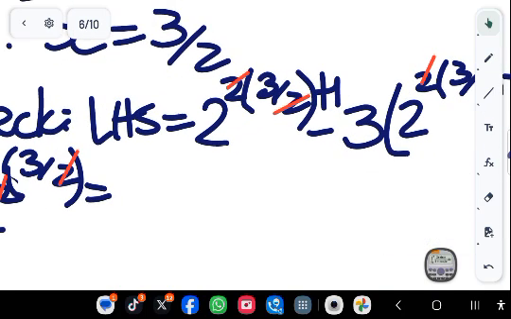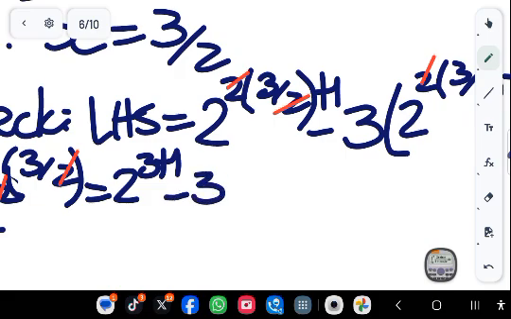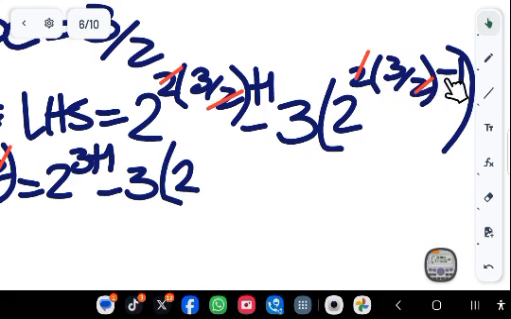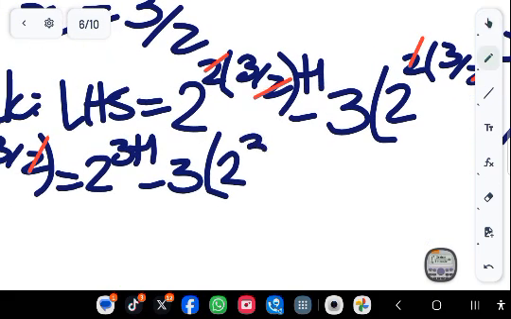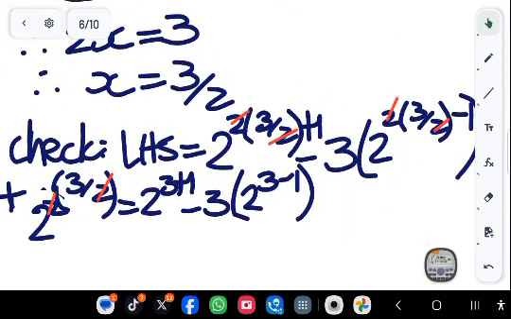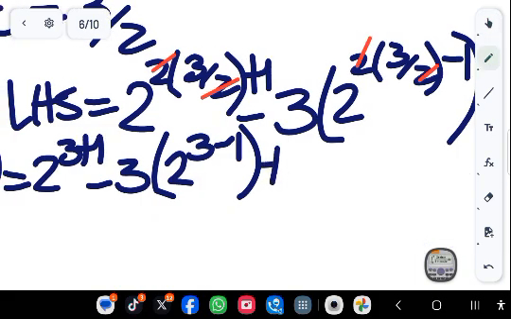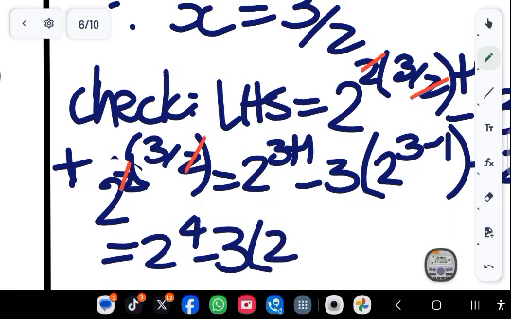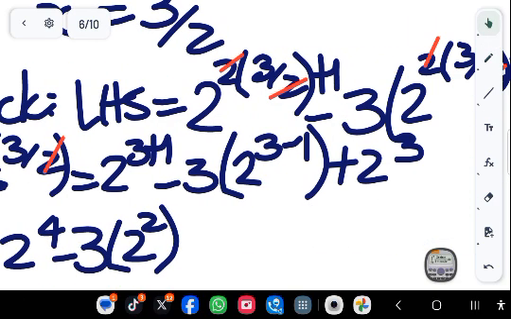So that is 2 to the power of 3 plus 1 minus 3 times 2 to the power of 3 minus 1 plus 2 to the power of 3. That gives us 2 to the power of 4 minus 3 times 2 to the power of 2, which is 4, plus 2 to the power of 3, which is 8.